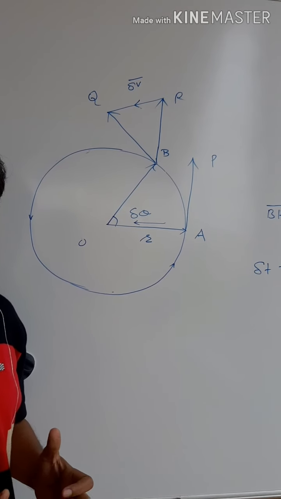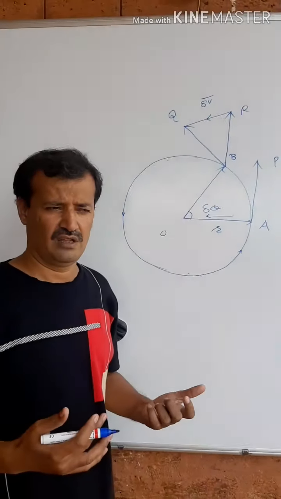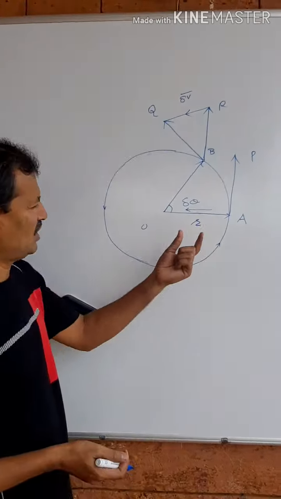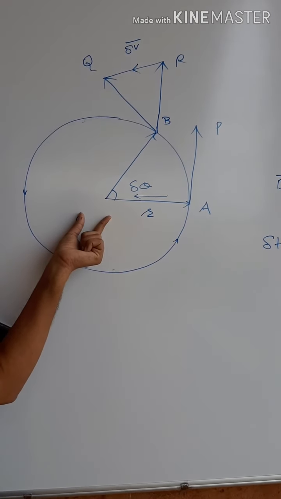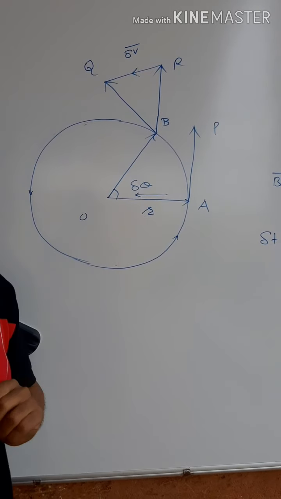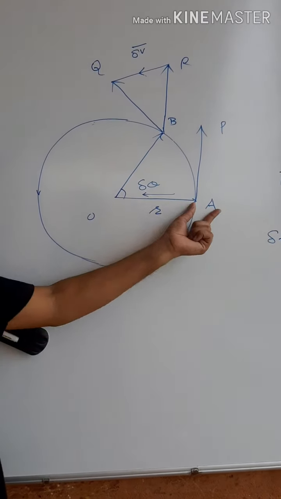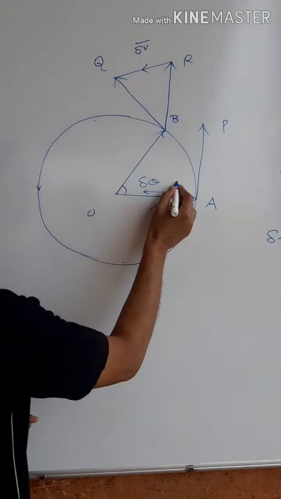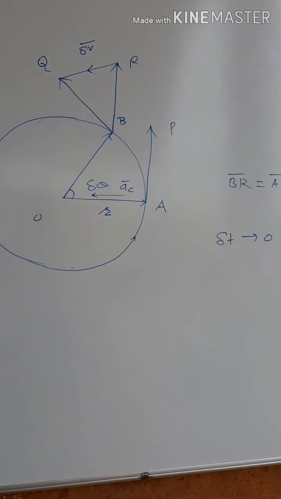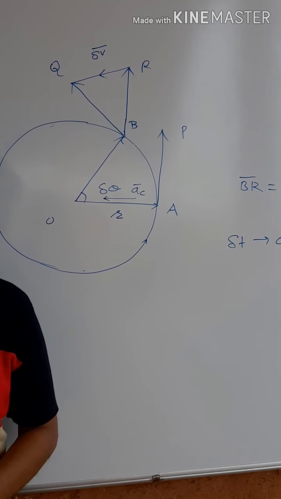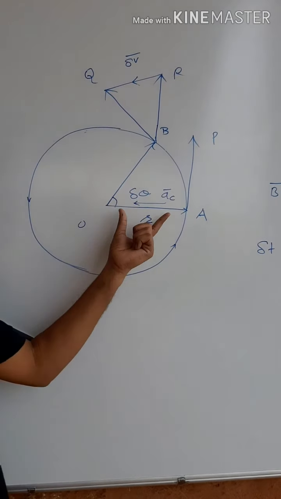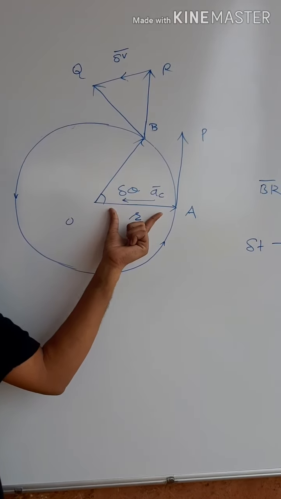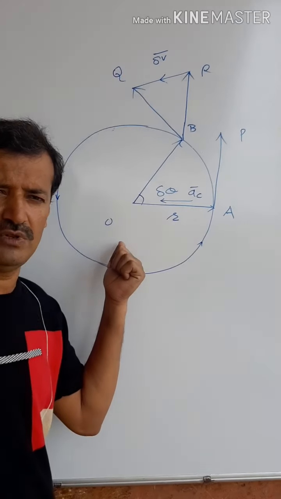And as the change in velocity is along AO bar, therefore the acceleration is also along AO bar and it is represented by AC bar. And this discussion shows that the instantaneous acceleration in UCM is along the radius and directed towards the center of the circle.